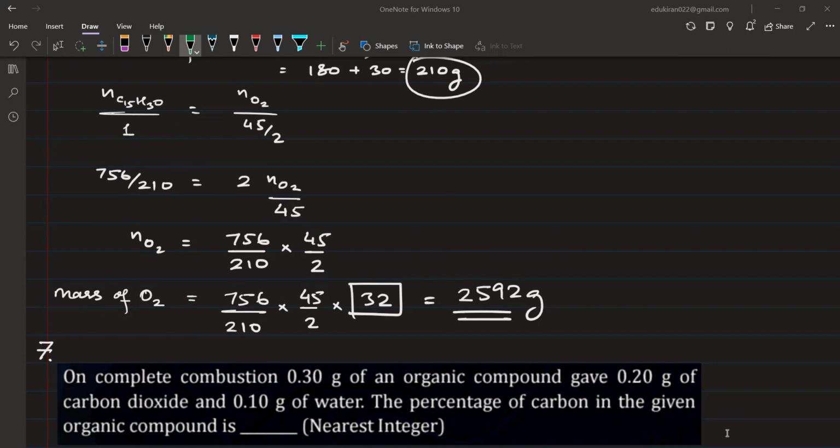This is similar to the previous question that we did. Please try this one. It is very similar to the previous one, the fifth question.